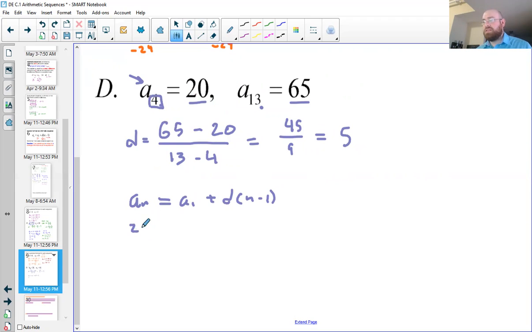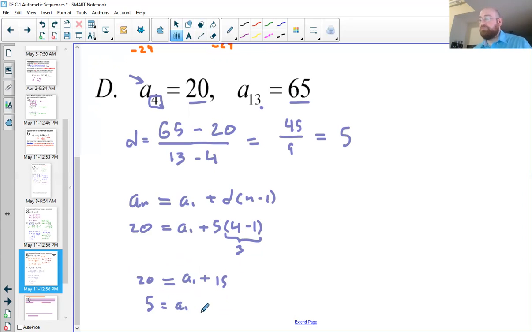So 20 is equal to a1 plus 5 times 4 minus 1. 4 minus 1 is 3. So 20 equals a1 plus, that is a very absurdly long plus sign. So 5 times 3 is 15. If I subtract 15 from both sides, I have 5 is equal to a1.